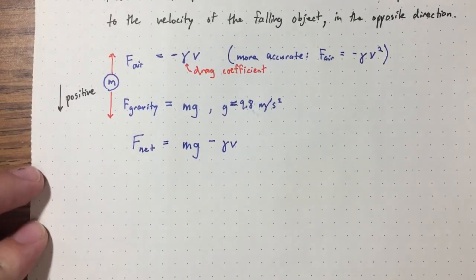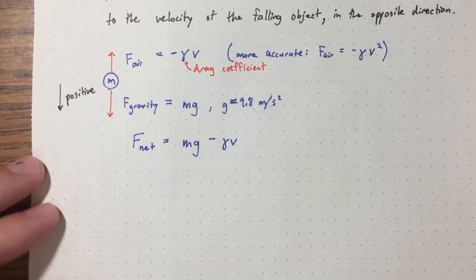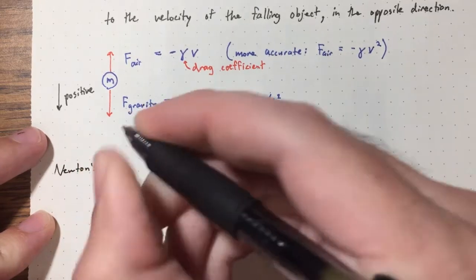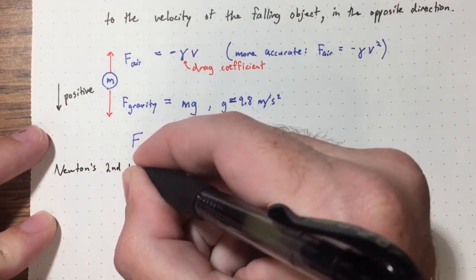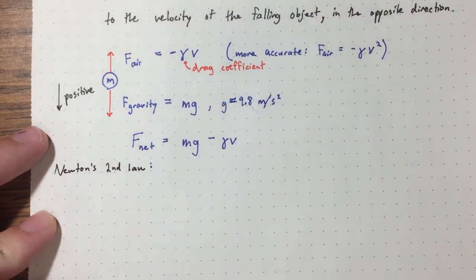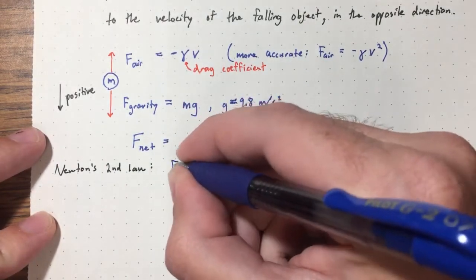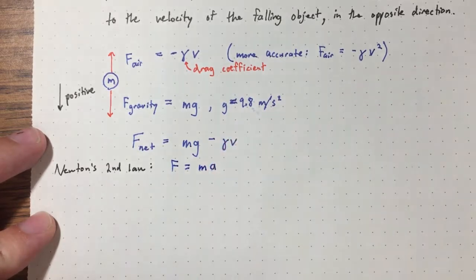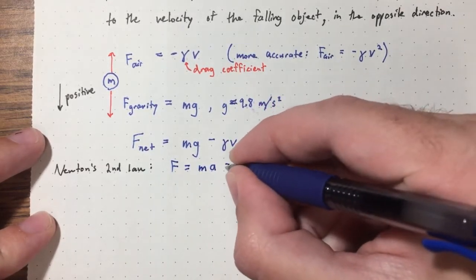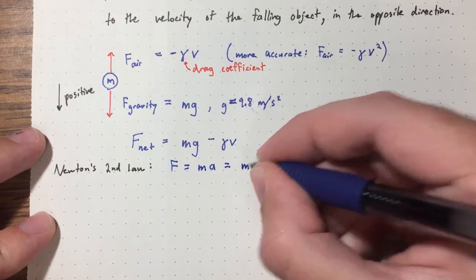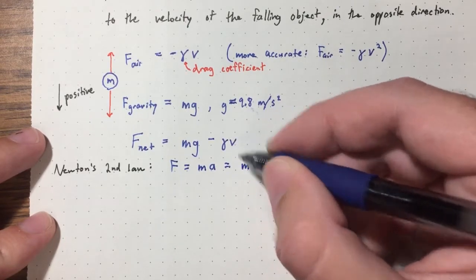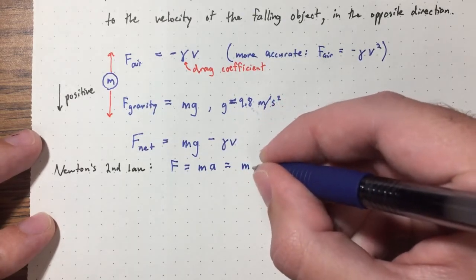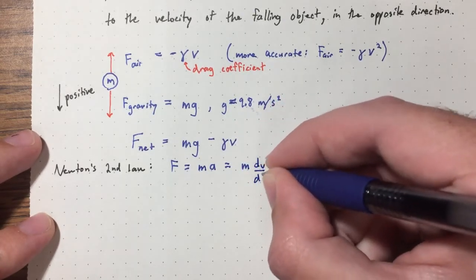Okay. And Newton's second law, what does that tell us? It tells us that this force is going to induce an acceleration, ma. But a is the derivative of v, right? So we can actually write this totally in terms of v. So it's m times dv dt.